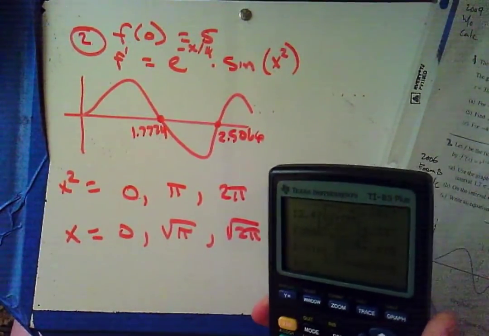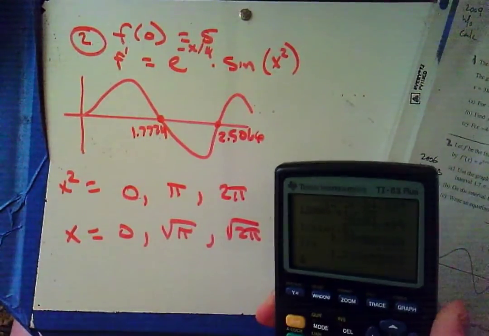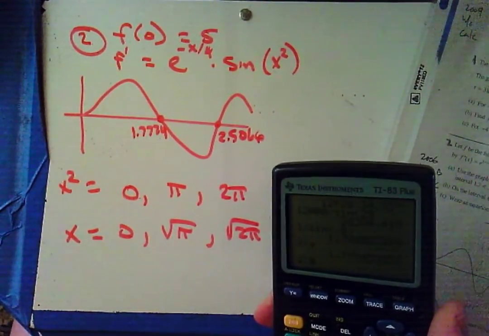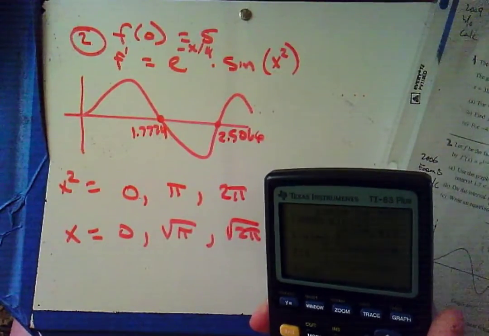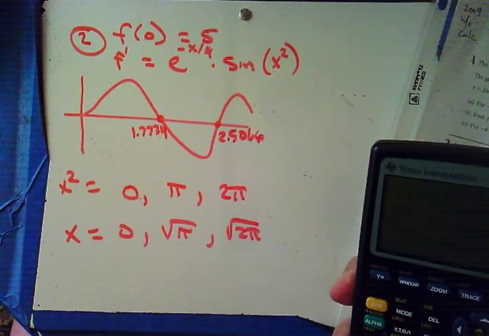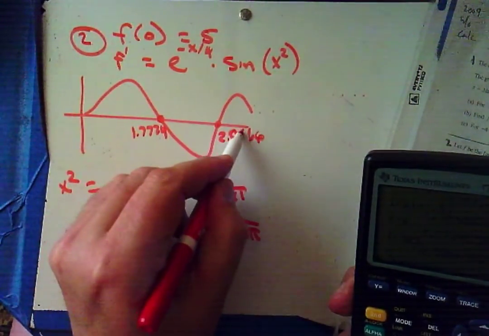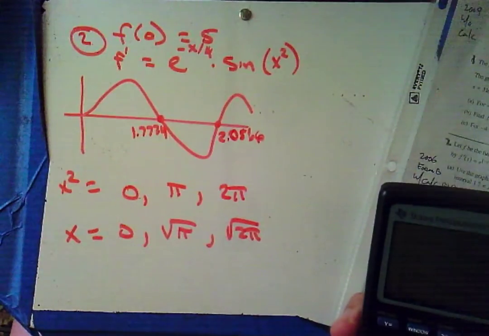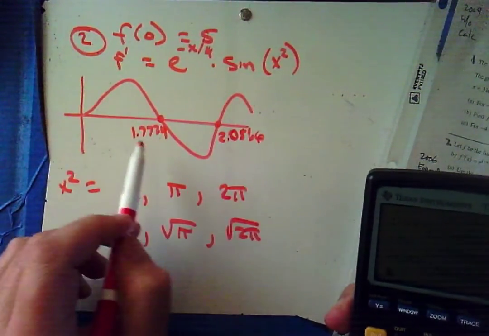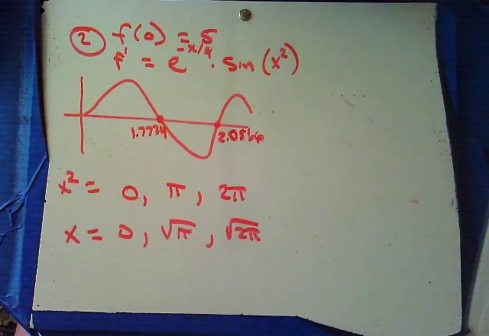Square root of pi is that number, and square root of 2 pi is 2.5066, oh, there's another one of my dyslexia moments, 2.5066. Okay, 1.7724 and 2.5066. Great.